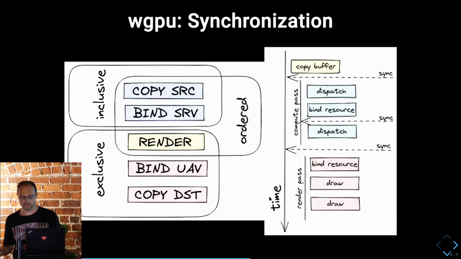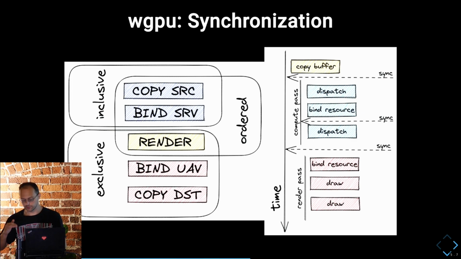And when you record commands, what WGPU has to do is that for each resource that you use, and maybe it's a group of resources, you do something with it, like you bind it, and then within the pass that you have, be it a compute pass or a render pass, it would add the usage to the scope.